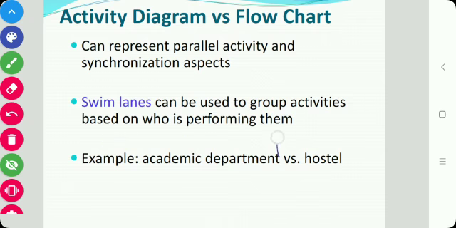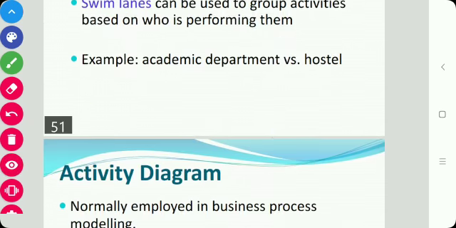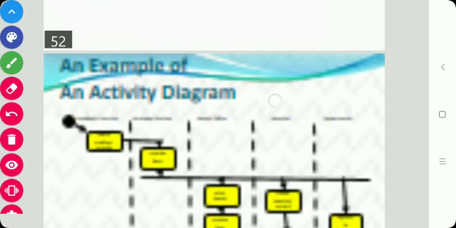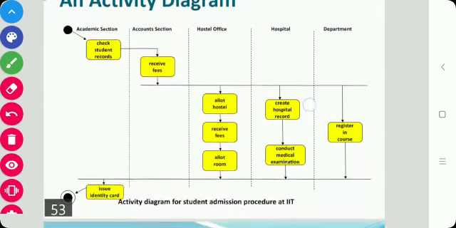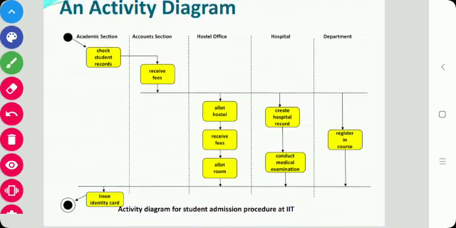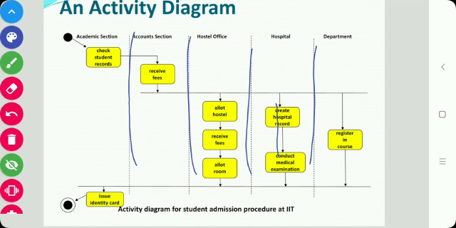For example, see here, this is the activity diagram. Okay. So, this is the activity diagram for student admission process in the institute. Okay. So, here first these are the swim lanes. These swim lanes categorize the activity according to who is performing that activity.